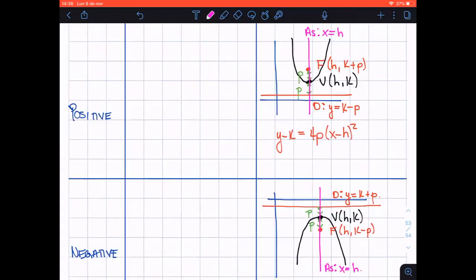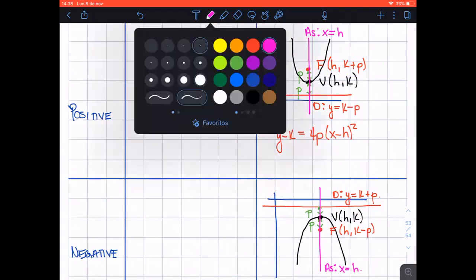What can you tell from both parabolas? Well, very simple. On the first one, your focus will have y coordinate k plus p, and on the second one, this coordinate inverts the value of p, right? The same happens with the directrix. And how do I get the equation of this parabola?